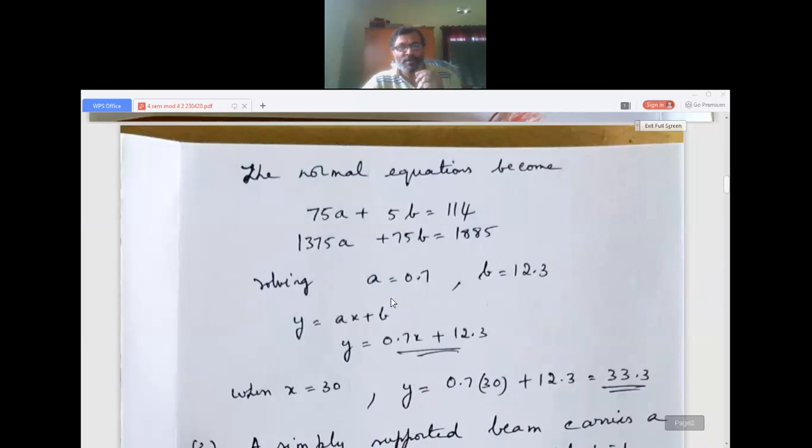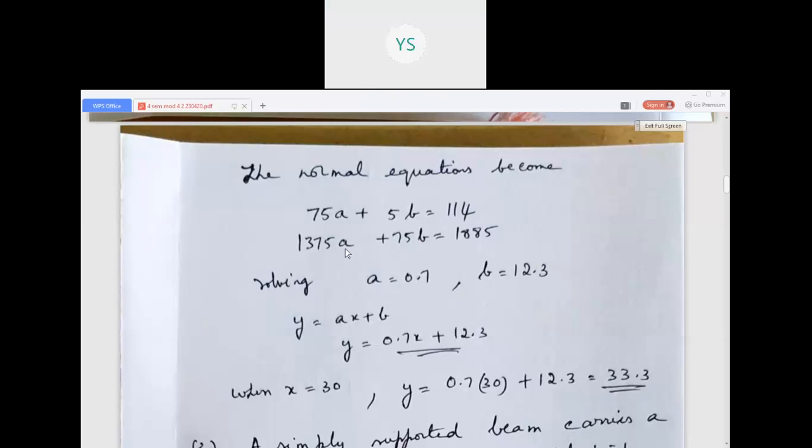You can see two simultaneous linear equations with two unknowns, that is, the constants a and b. Either you can solve them, but better you use the calculator.